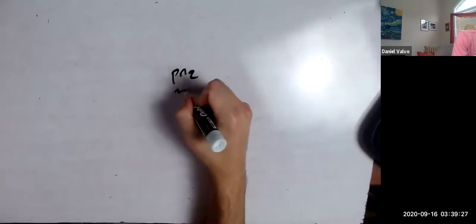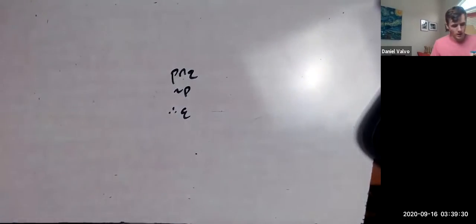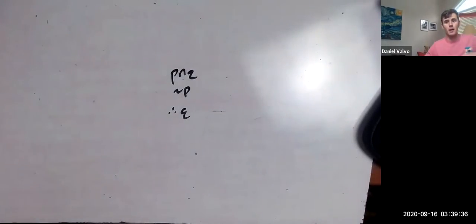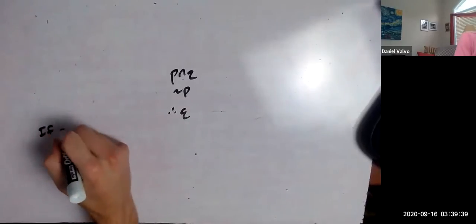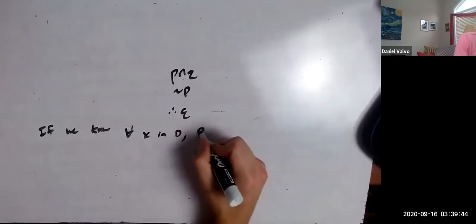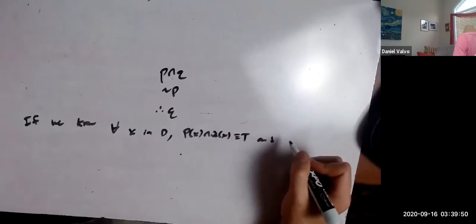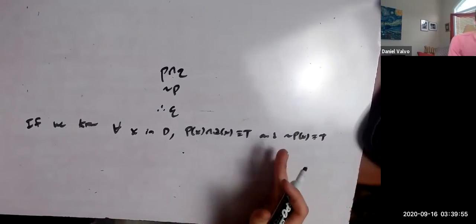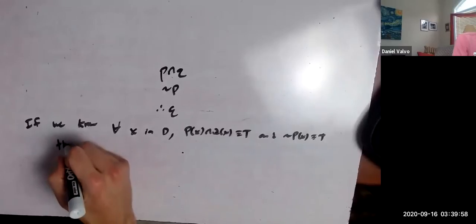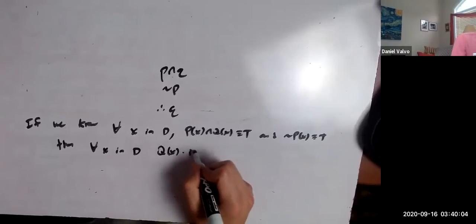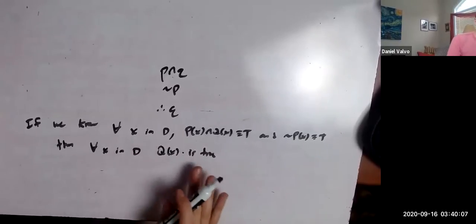So the P or Q and not P, therefore Q, this is only saying something about the case where the premises are true. For example, if we know for all x in D, P of x or Q of x equals true, and not P of x equals true, if you know that going in, meaning your premises are satisfied, then for all x in D, Q of x is true by that argument.